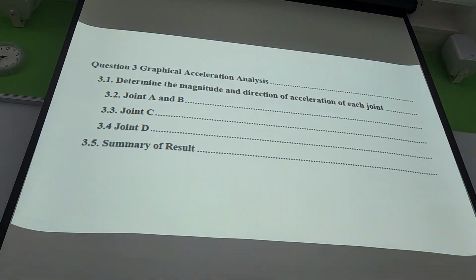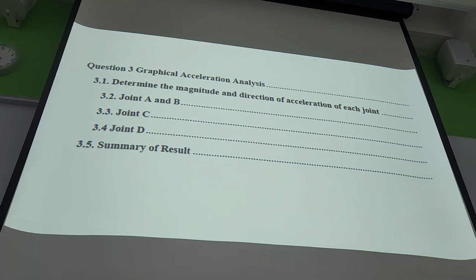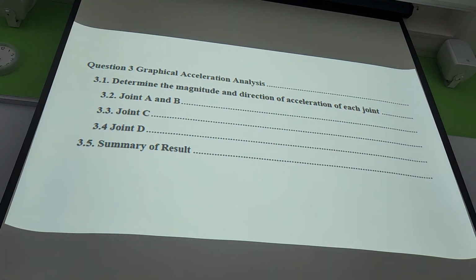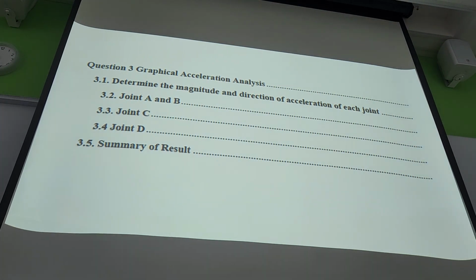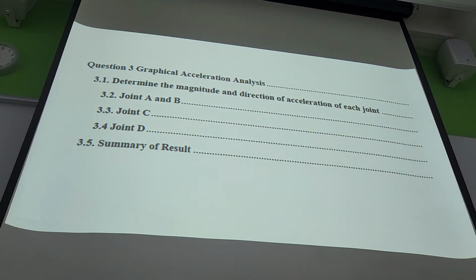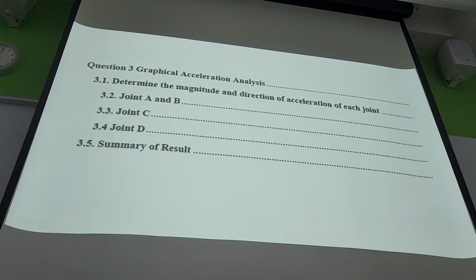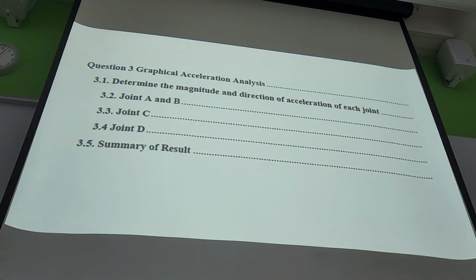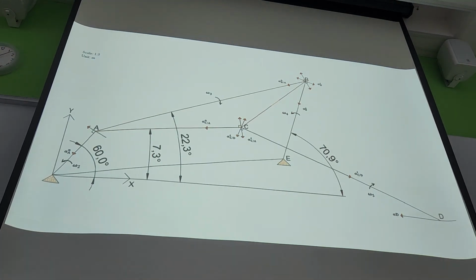So the assignment part, you have to do the graphical acceleration analysis as part of question 3 of assignment 1. Question 4 we have already done, the IC's method. So for question 3 you can prepare some headings like this. So this is your mechanism.